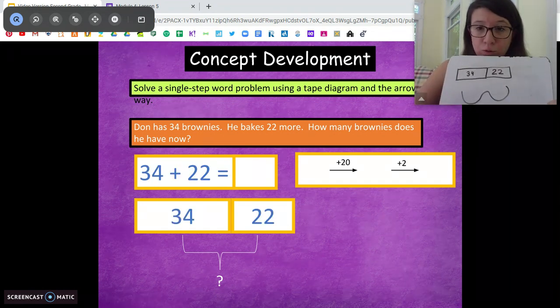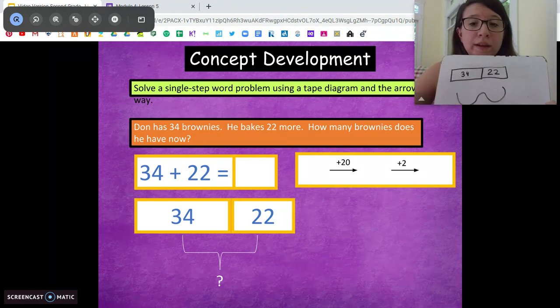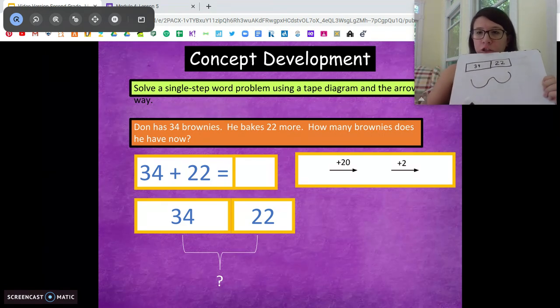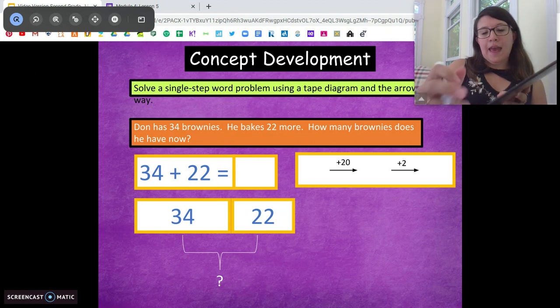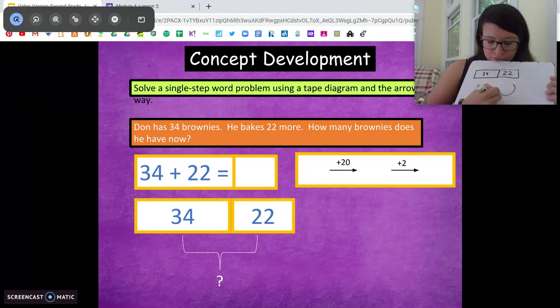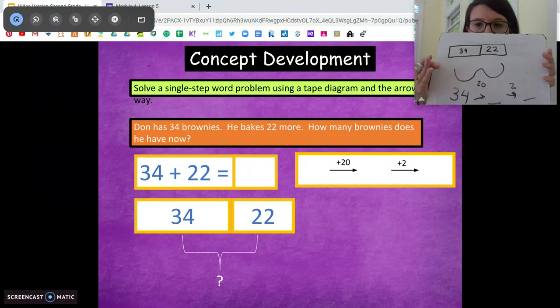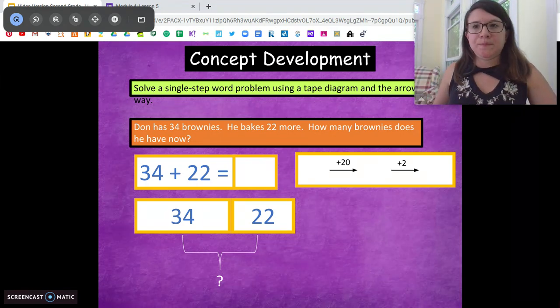We don't know what that total is. Now, what I want you to do on your own is try and solve this using the arrow way. Start at 34, add till you get to 22. Okay, go ahead and pause and try and solve that on your own, then we'll go over it.